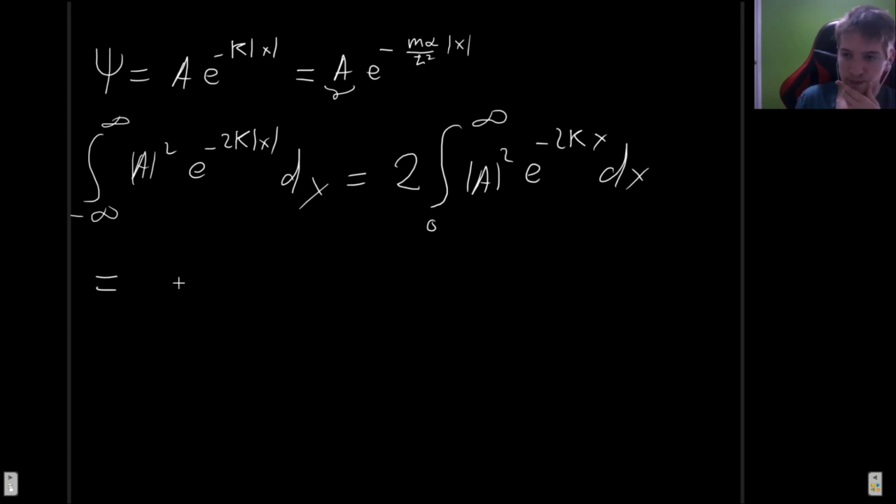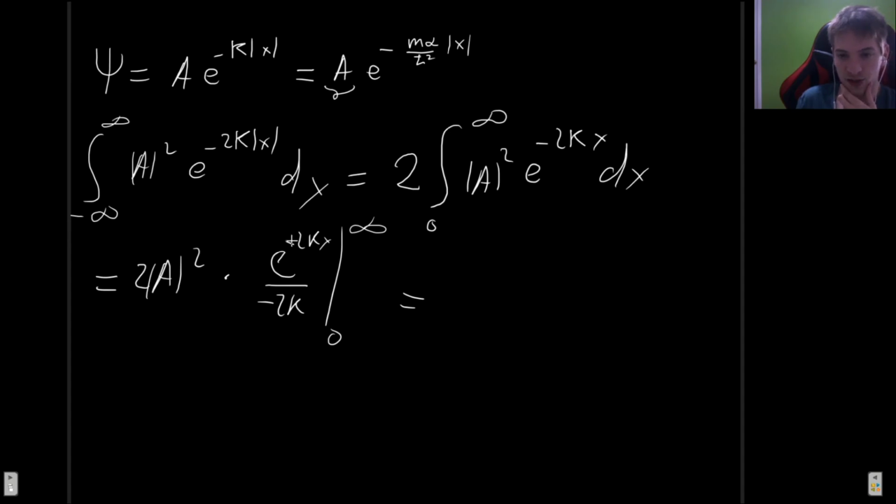Okay, so when we integrate this, we just get 2A squared times e to the minus 2kx divided by minus 2k, evaluated between 0 and infinity. At infinity, this thing is just going to be 0. So we get 2A squared times minus 1 divided by minus 2k.